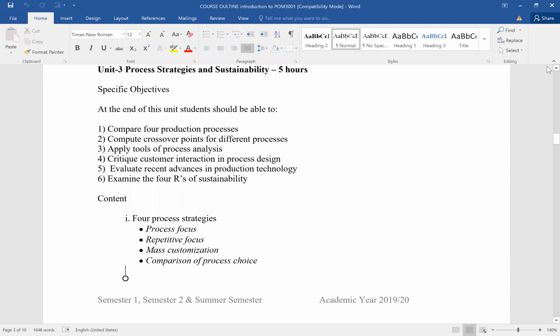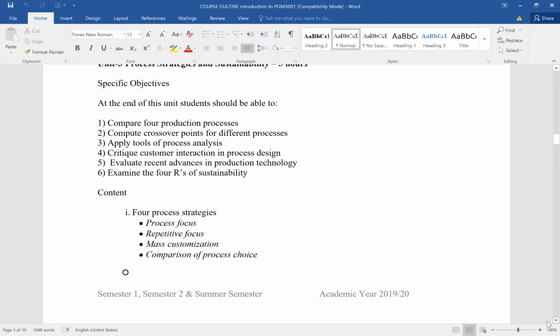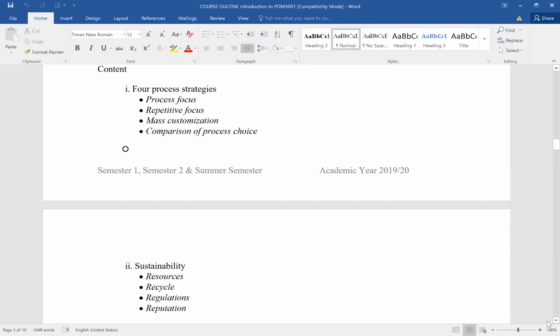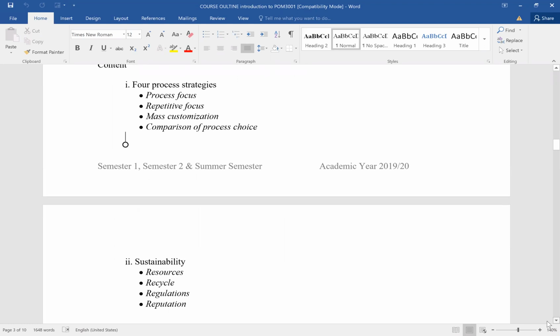You should be able to critique customer interaction in process design, evaluate recent advances in production technology. And as we said, we're going to examine the 4 R's of sustainability, right? Those 4 R's are resources, recycle, regulations, and your reputation, right?